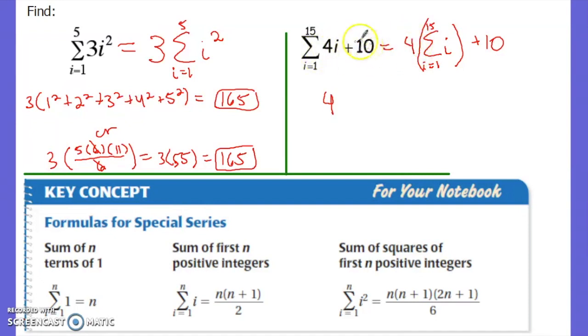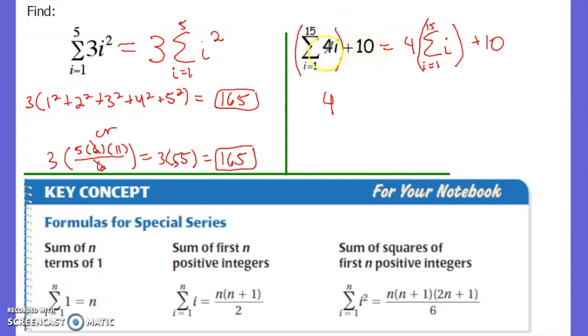Also notice that plus 10, but there are no parentheses here, which means really this is the summation of 4i, and in the end, 10 is only added in there 1 time. Otherwise, I would have separated my summation, and we could use that 10 in the constant formula. I would have just taken 10 times 15 and gotten 150.